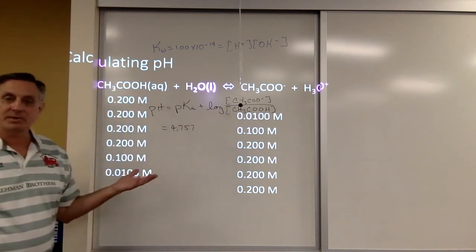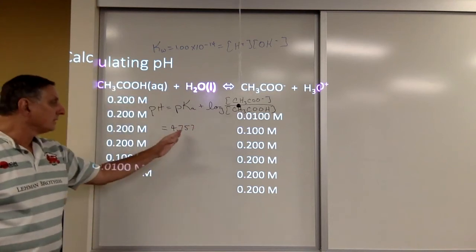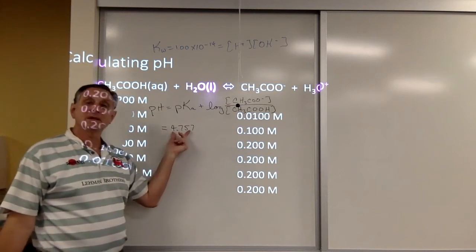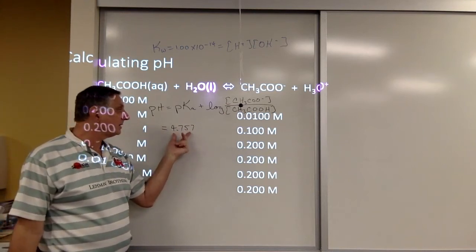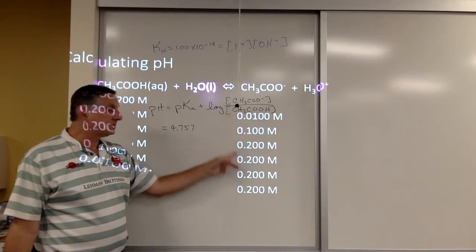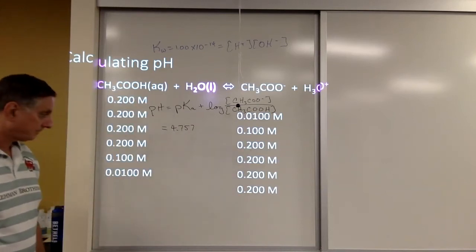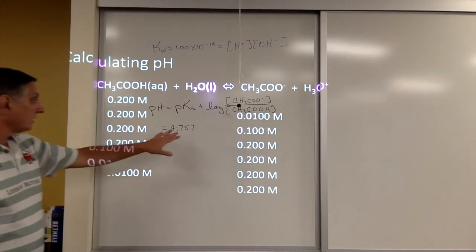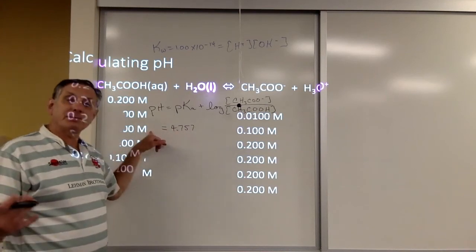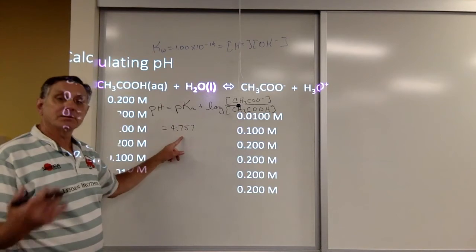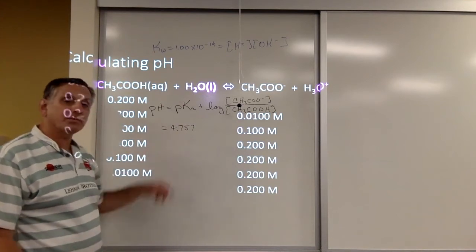Now, just for your information, as a general rule, this will typically have 2 decimal places instead of 3. But I'm using 3 because I'm using 3 sig figs for all of the molarities. pKa and pH are typically 2 decimal places.